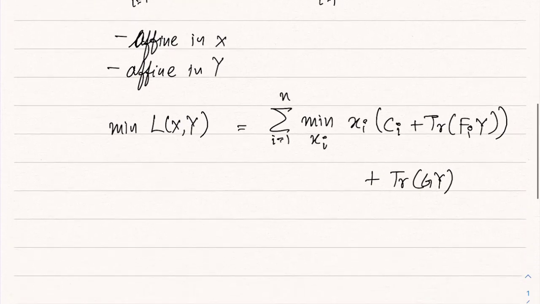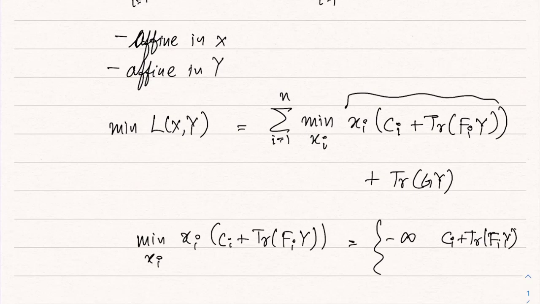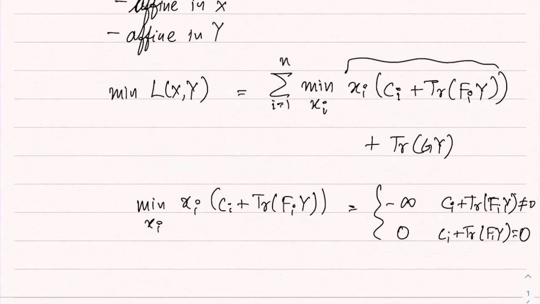We already know how to minimize this quantity. Basically, c_i plus trace of F_iY would be equal to 0, or else the minimum will be minus infinity. So the minimization with respect to x_i of x_i times (c_i plus trace of F_iY) is minus infinity if c_i plus trace of F_iY is not equal to 0, and if c_i plus trace of F_iY is equal to 0, then it is 0.